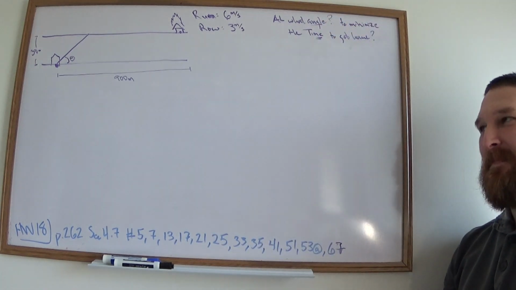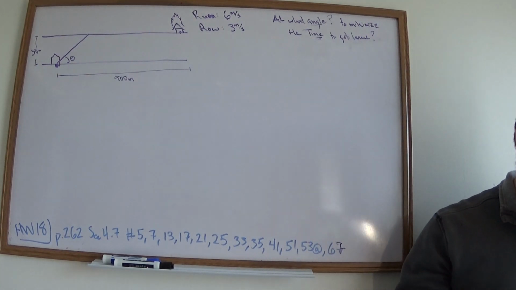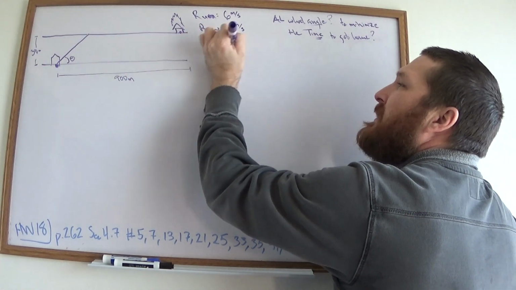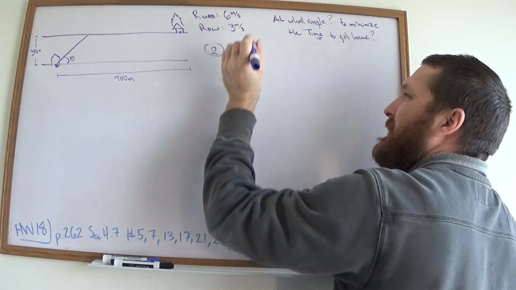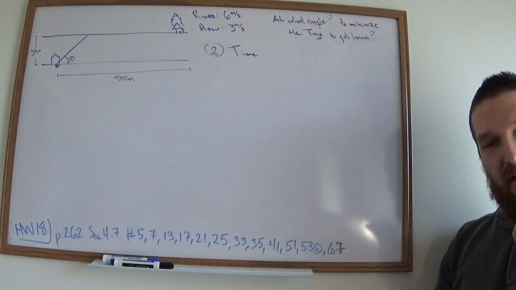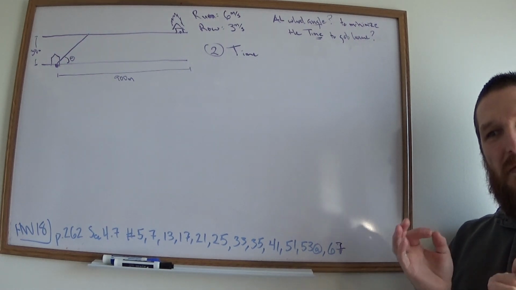Okay. So, we've done step 1. Now let's do step 2. We identify the quantity we want to optimize. Time is what we want to optimize. Now, what's my input variable then? You see, this is where the second part of it comes in.